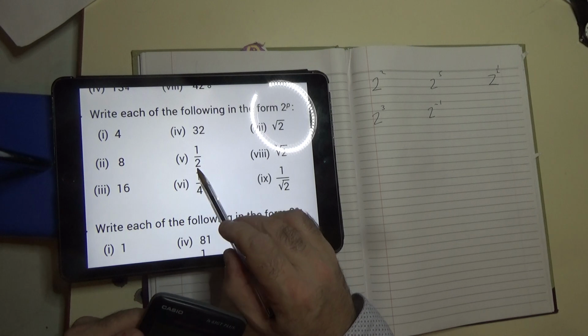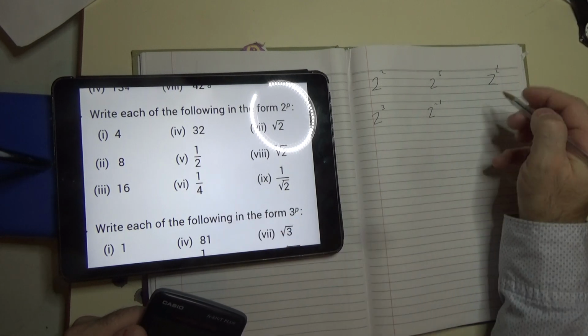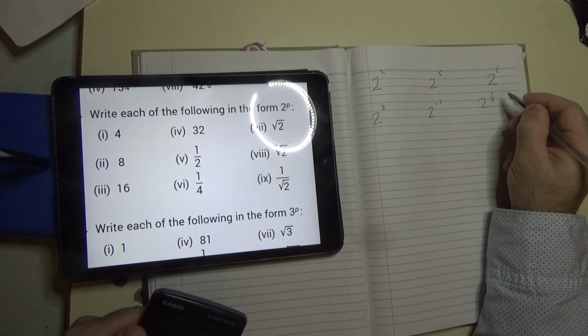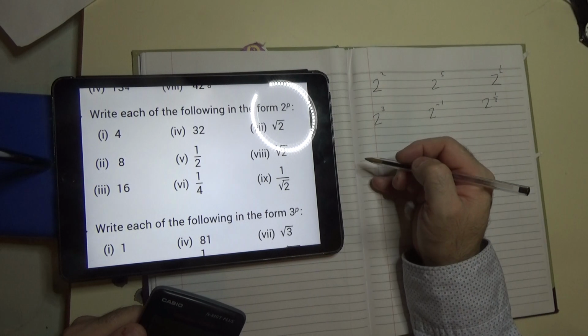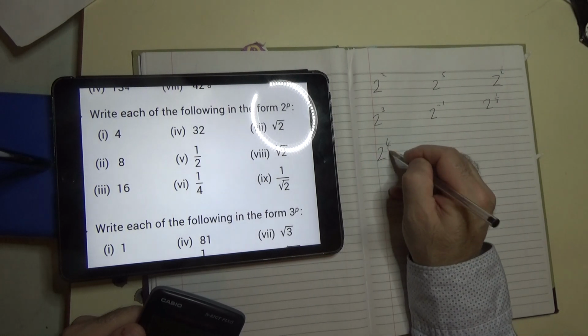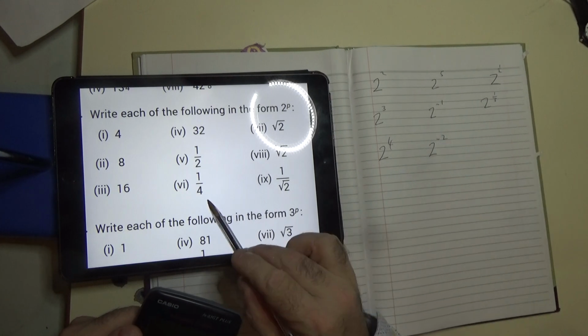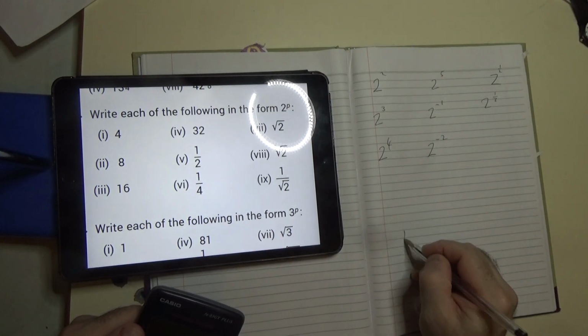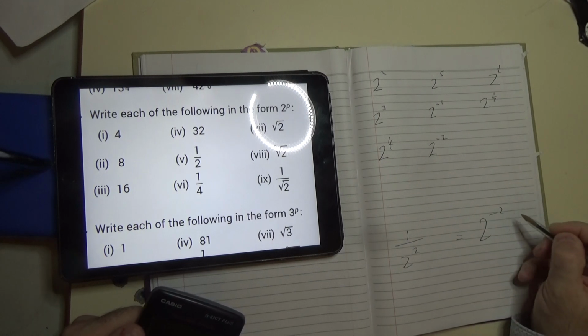Okay, now the power of 2, that's 2 to the minus 1. A power of 2, that's 2 to the third. I'm going to show you a way to calculate all these without any question in a second on a calculator. A quarter is 1 over 2 squared, so I want to bring that up and it becomes 2 to the minus 2.